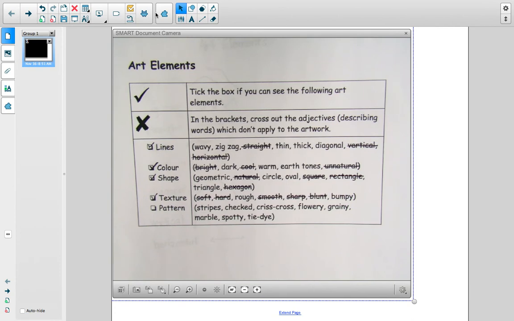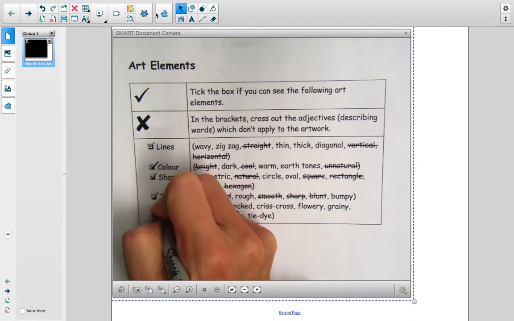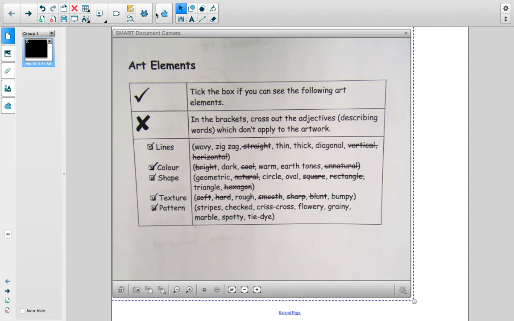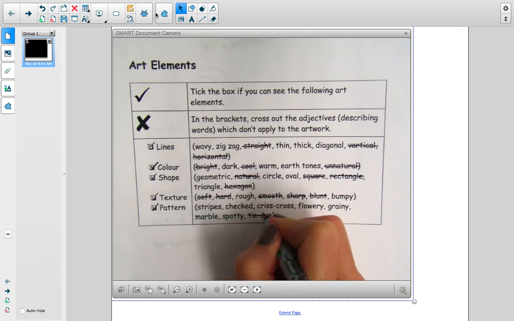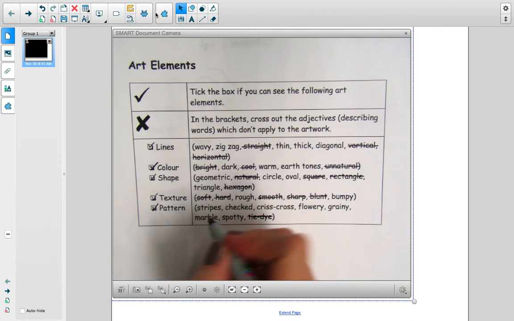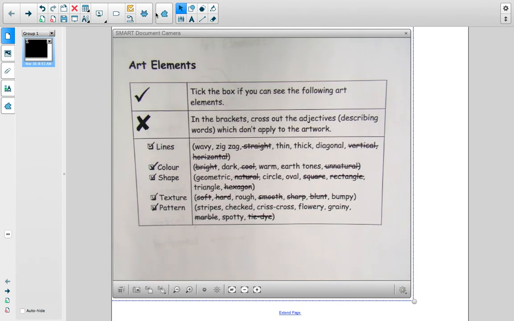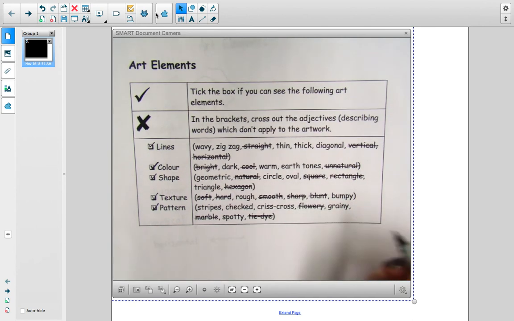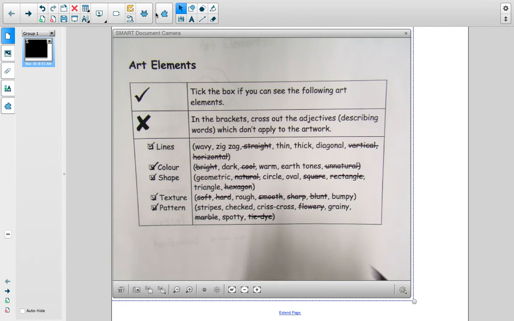And finally, I look at the pattern. So lots of patterns in here. Are there stripes in the Rangoli? Oh, let's see. Grainy for sure. Spotty. I wouldn't say tie-dye. Do you know how it kind of looks in rings coming out? And I would not say marble, but definitely grainy, not so much flowery, but actually, it might be flowery.